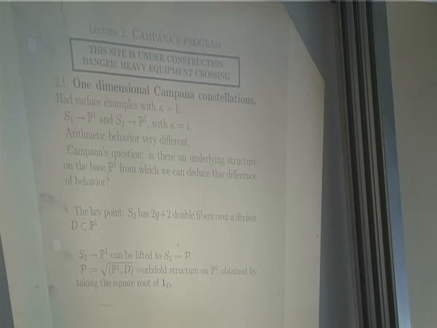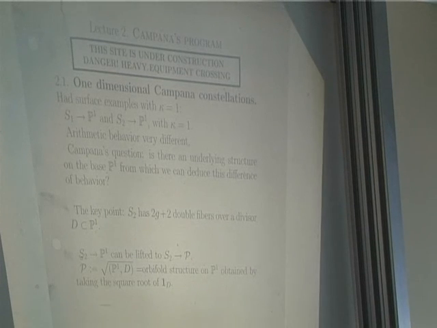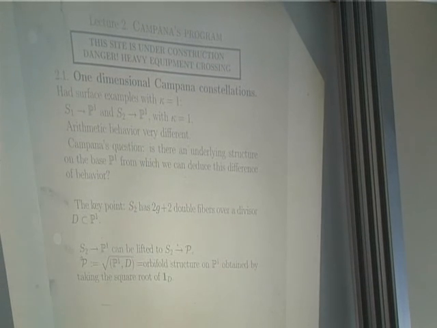So let's go back to what we had. We had two examples still on the board, S1 and S2, with Kodaira dimension 1. They had the same Kodaira dimension, but the arithmetic behavior was vastly different.